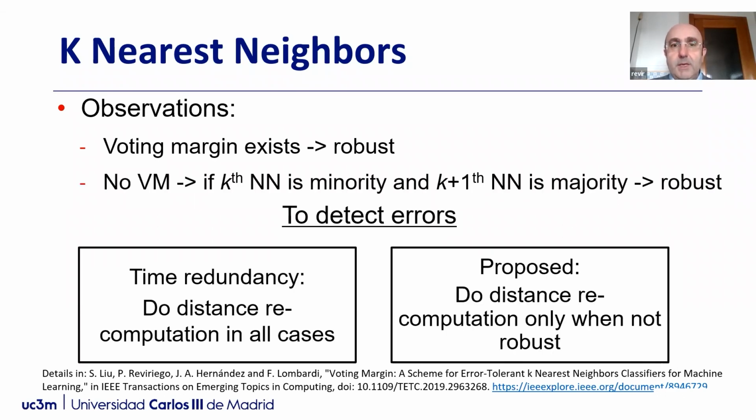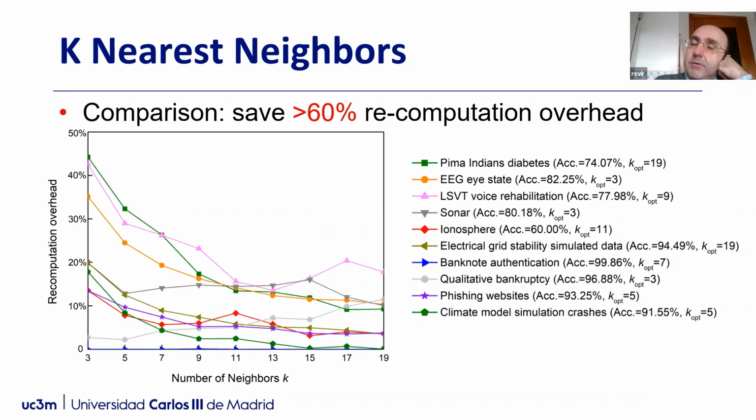With our scheme, whenever either of those two conditions above holds on the first run, we don't need to run the second time. So we are saving a lot of computations. To evaluate this, we use a few data sets.